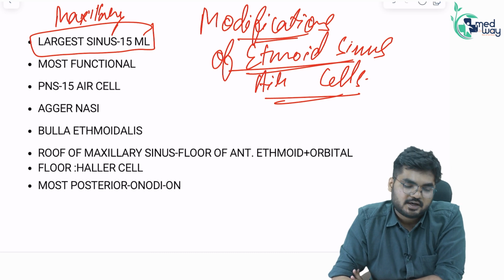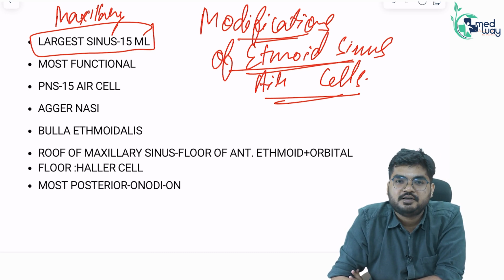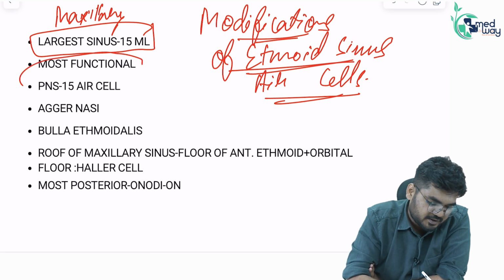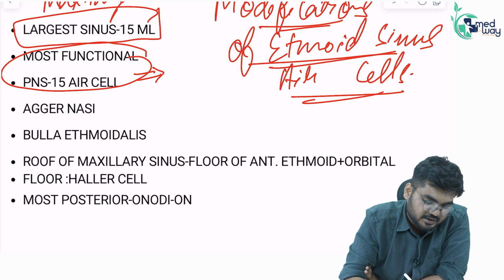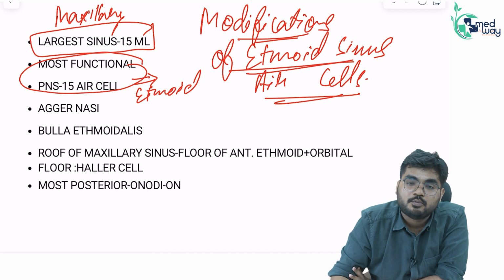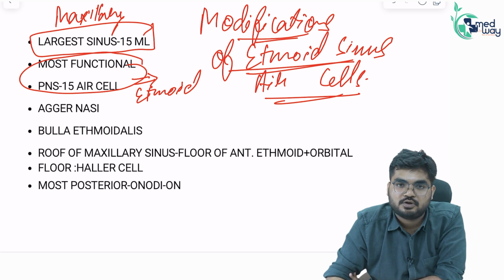Sir, which is the most functional paranasal sinus? The most functional paranasal sinus is the one having the most number of air cells, and that is ethmoid. Ethmoid sinus is the most functional of all the paranasal sinuses.